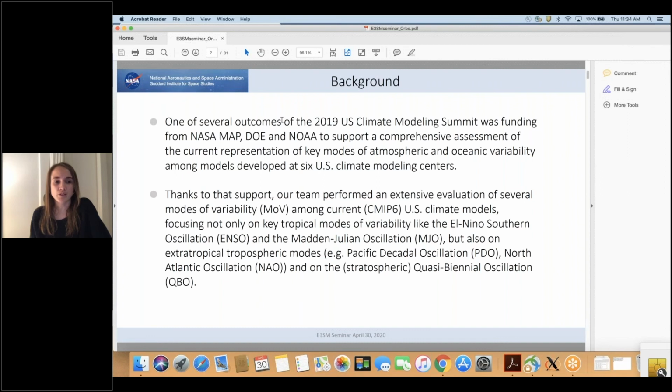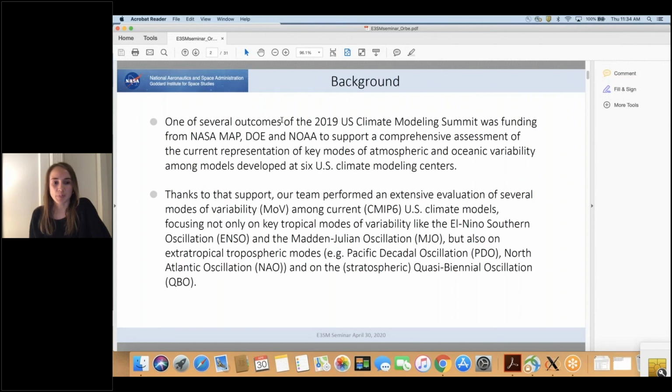The main funders were NASA, the Department of Energy, and NOAA, and they got together and supported this effort to do as comprehensive an assessment as we could within time constraints to see what is the current representation of key modes of atmospheric and oceanic variability among the models developed at these 6 US climate modeling centers.